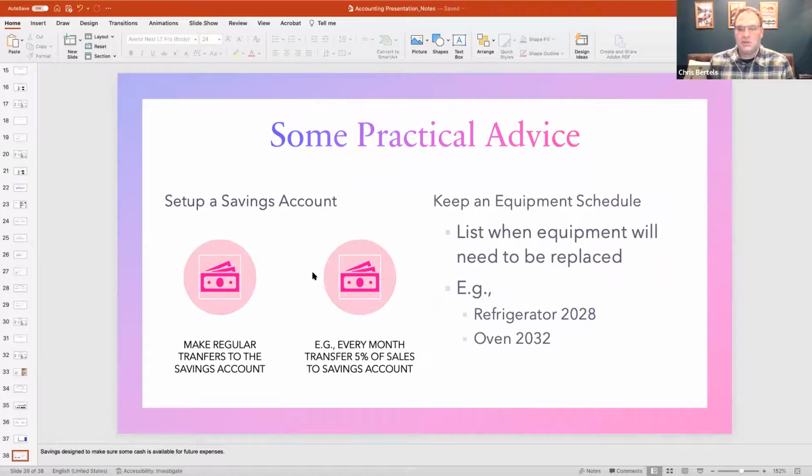Okay, so this is the last slide, I promised. This is just some practical advice: set up a savings account and make regular transfers to it, using some sort of formula. As an example, transfer 5% of your revenue to the savings account.